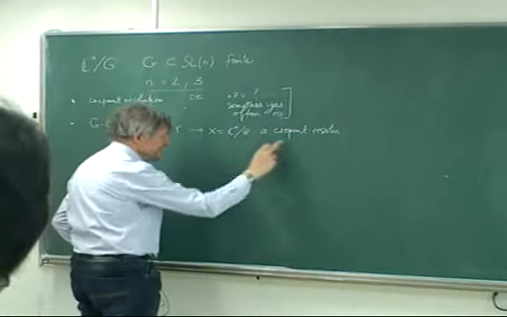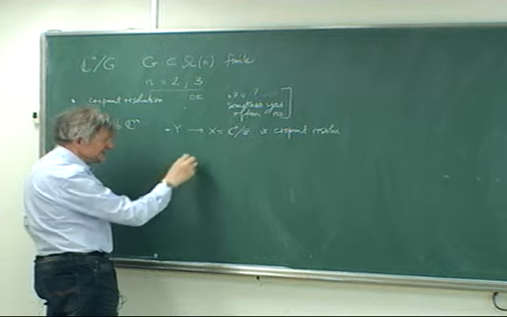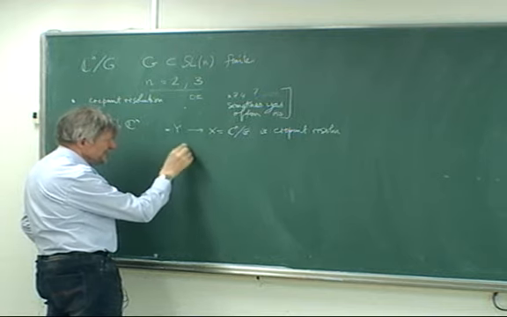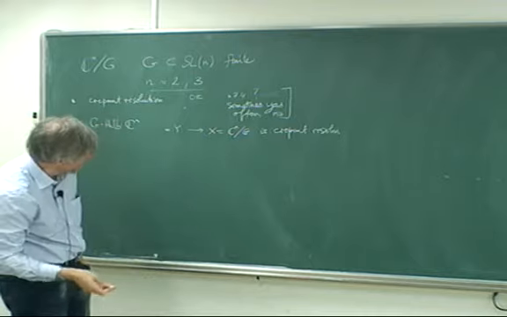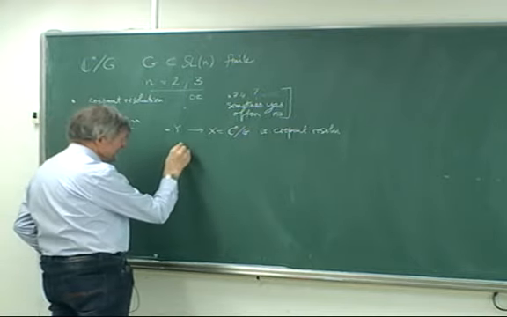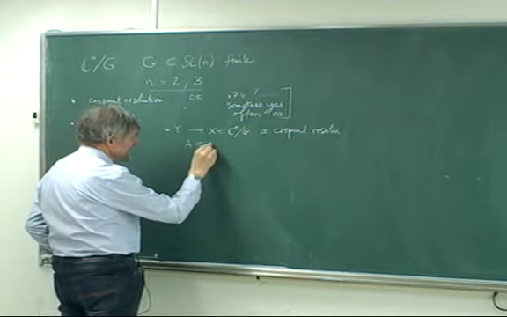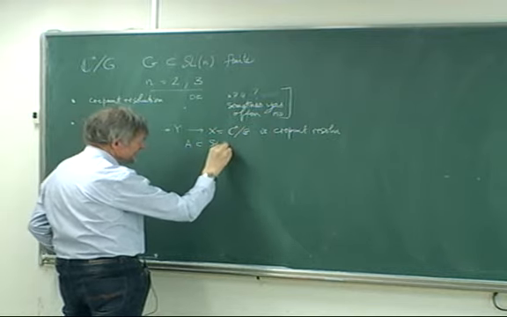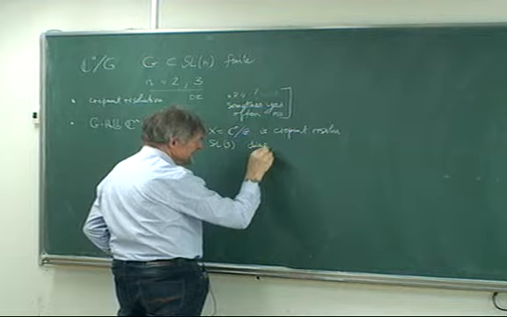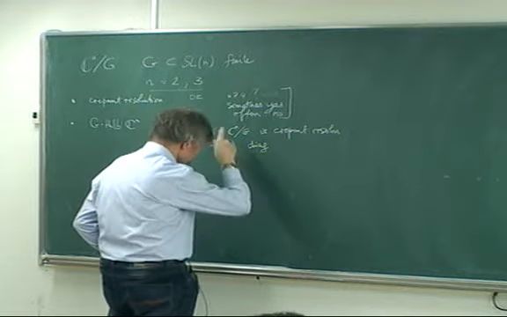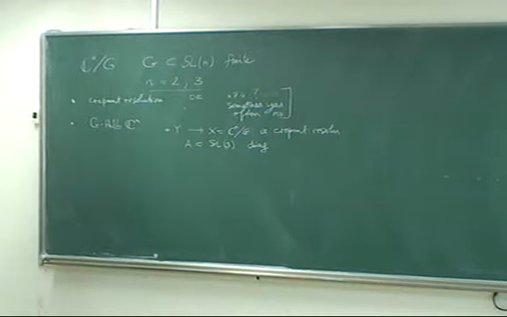When this happens, this is very good. I'm going to describe this in some detail for some cases of G in SL3, diagonal abelian subgroups, so groups of diagonal matrices, necessarily abelian.